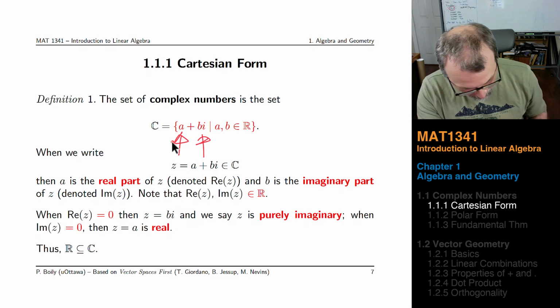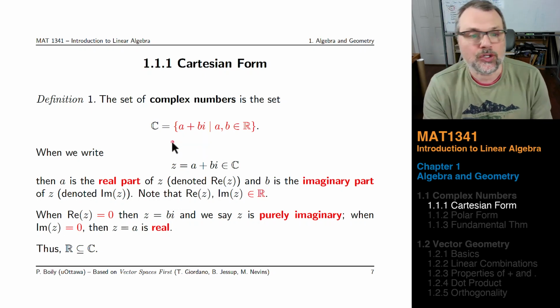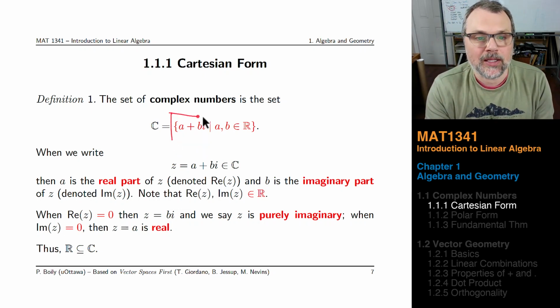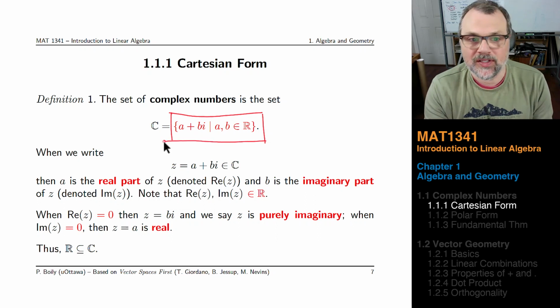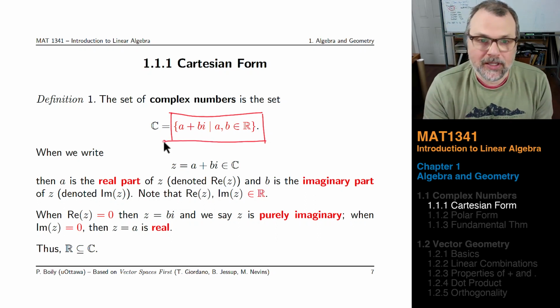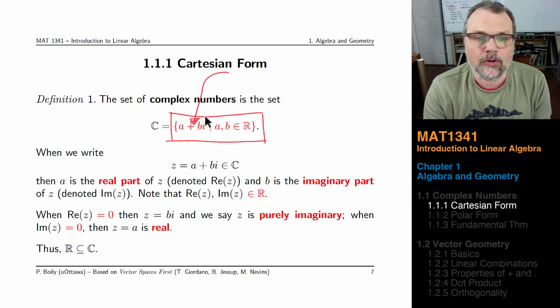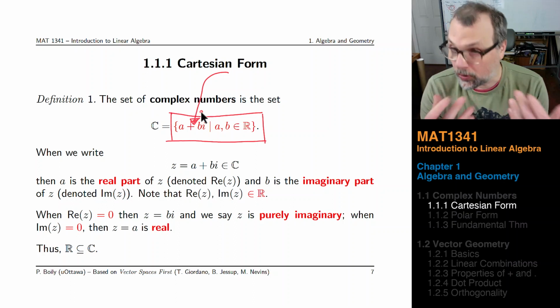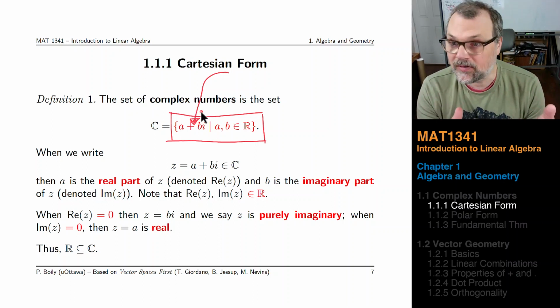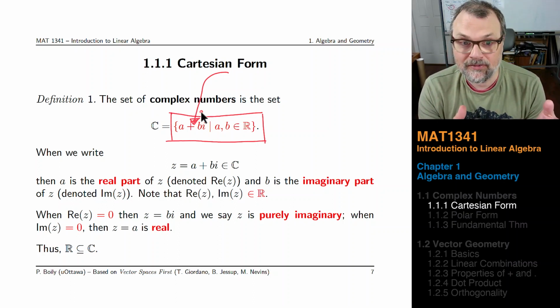You have to also be familiar with this notation. When we write something like this to describe a set, typically the bit here that comes before the vertical line tells us the form that the elements of the set have.